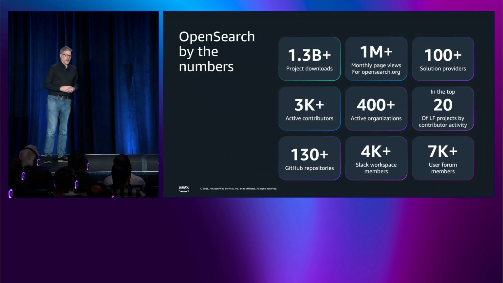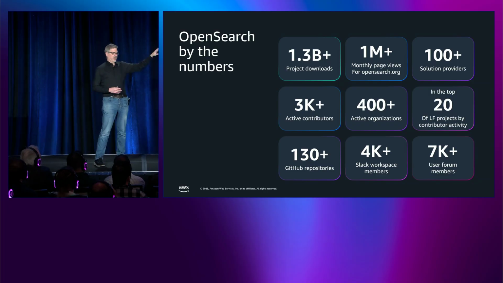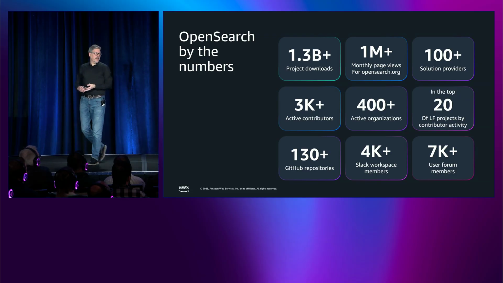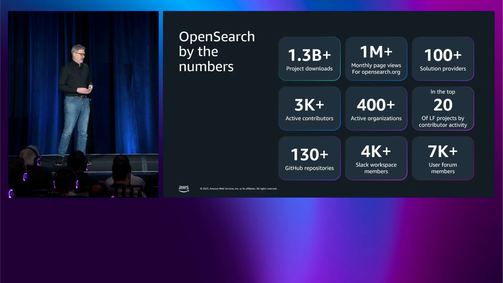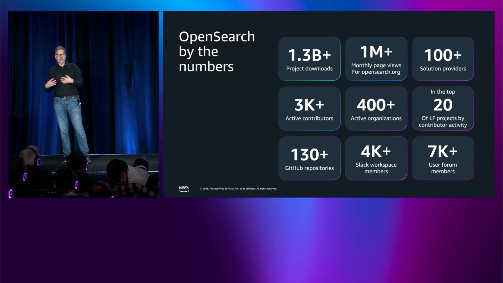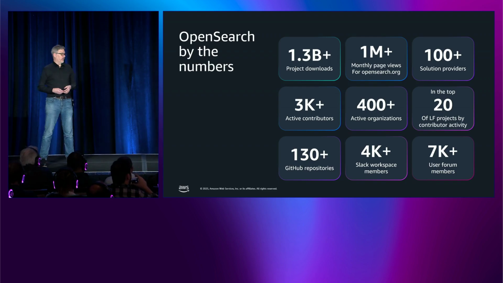And in the last year, I've been really thrilled with the progress that we've had with OpenSearch. Since the initial fork, we're now up to 1.3 billion downloads, which is a lot in 4 years. In the last year, we've had over 3,000 active contributions from 400 different organizations. It's not just the number of contributions, it's the deep, meaningful contributions that we're starting to get into the project that's really driving a lot of excitement and momentum around the project.